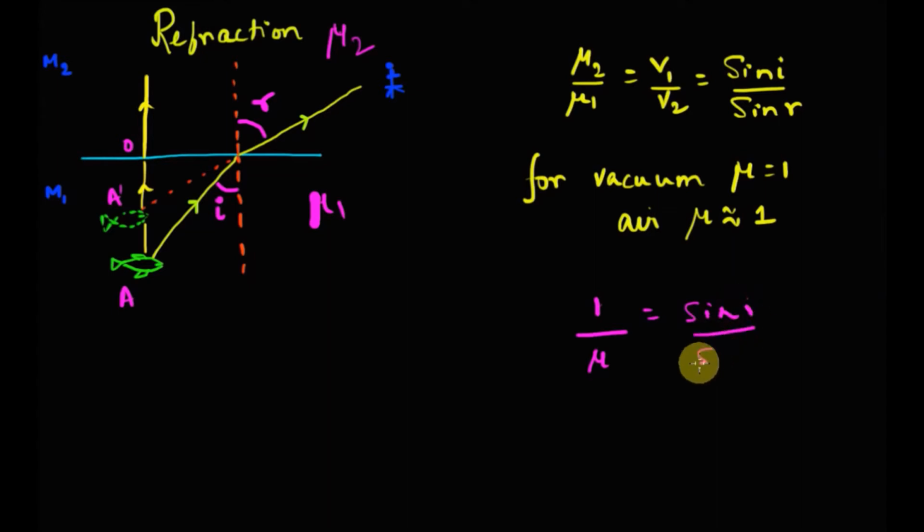Now if we apply a little bit of geometry, we will figure out that mu, the refractive index of water, is equal to OA divided by OA dash, where OA is the actual depth of the fish and OA dash is the apparent depth of the fish.